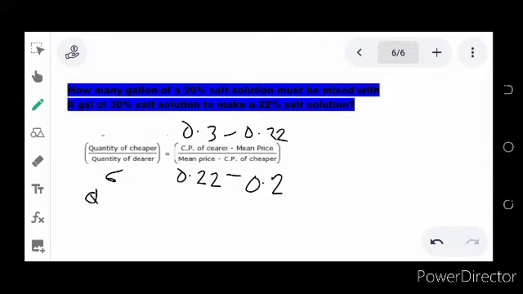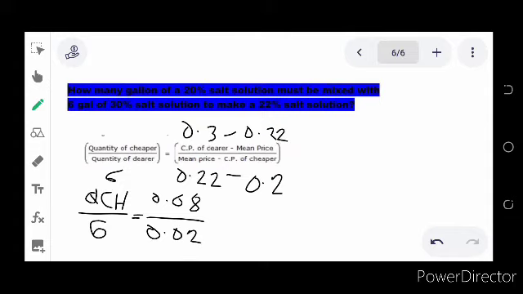So you solve that one. That's quantity of the cheaper over 6 equals 0.3 minus 0.22. That gives you 0.08. And then 0.22 minus 0.2, that gives you 0.02. Get rid of decimals.